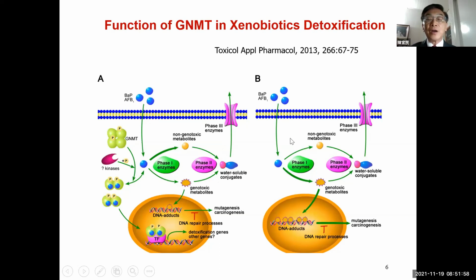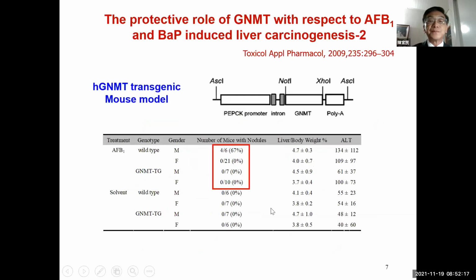But if there is no GNMT present, for example in liver cirrhosis patients, where GNMT is downregulated, then these carcinogens enter the cells and enter the nucleus and form DNA adducts. All these genotoxic DNA adducts will cause mutation and tumorigenesis.